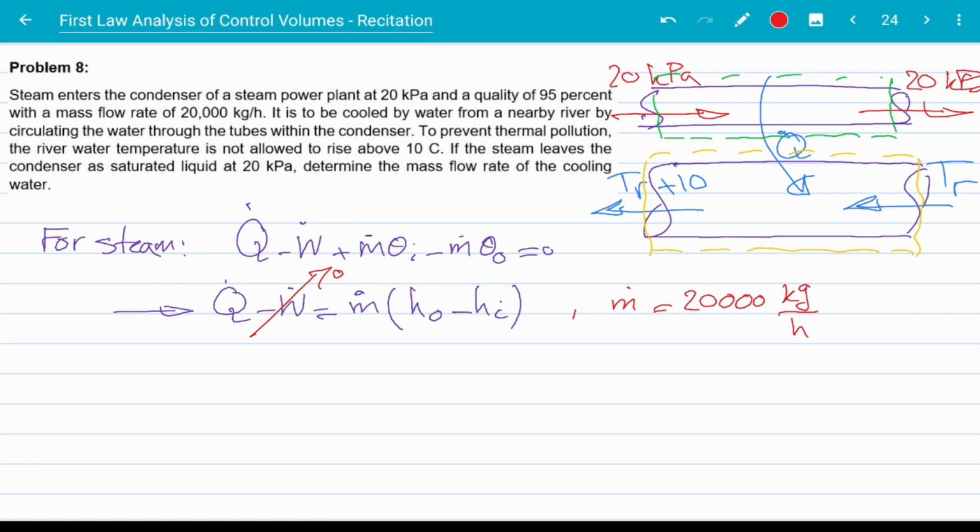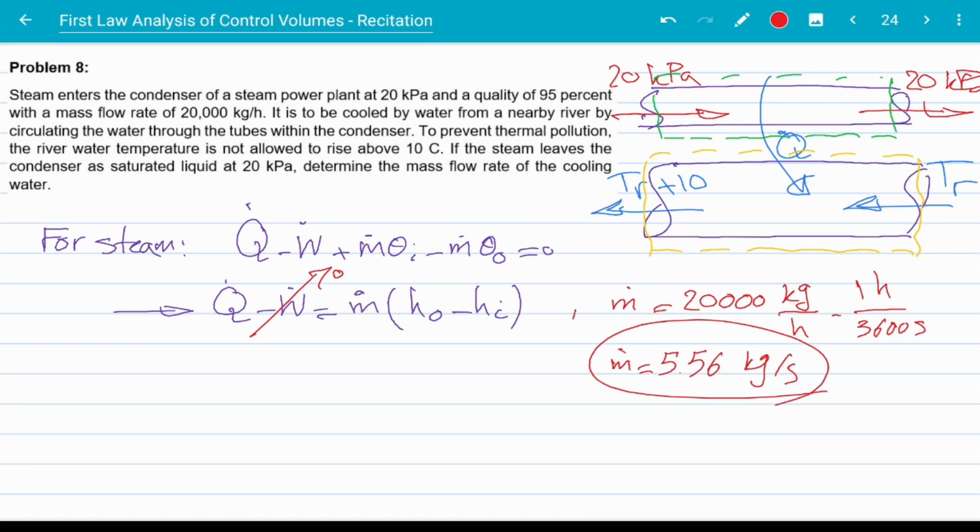But this is not useful for me. I want it to be in kilograms per second. So I'm going to multiply it by 1 hour over 3,600 seconds. If I do that, I get that m dot is 5.56 kilograms per second. So I found m dot in a more usable unit.